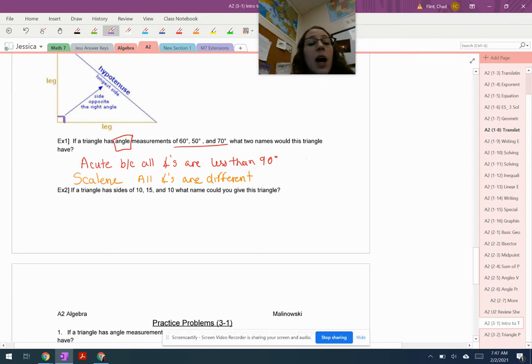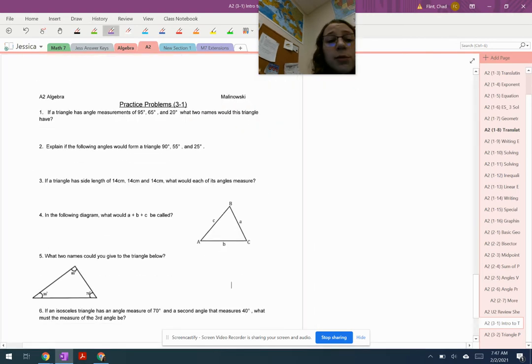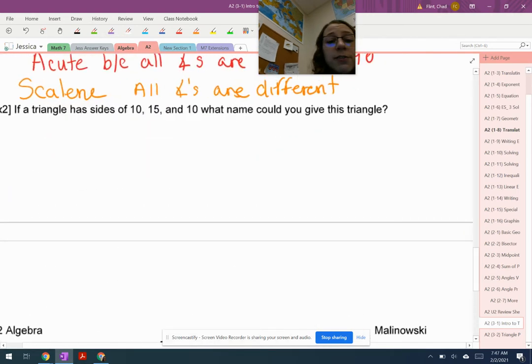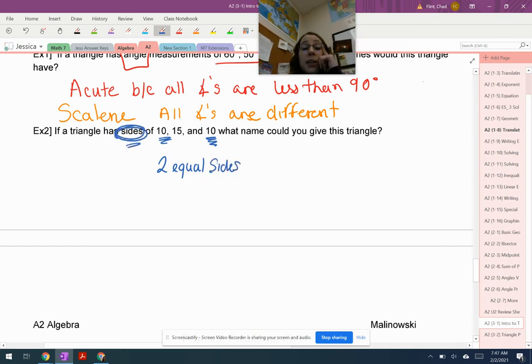Yay. Example 2. If a triangle has sides of 10, 15, and 10, what name could you give this triangle? So 10, 15, and 10. I'm noticing right away, and hopefully you are too, that we have two equal sides. Because again, we're talking about side lengths here, not angles.